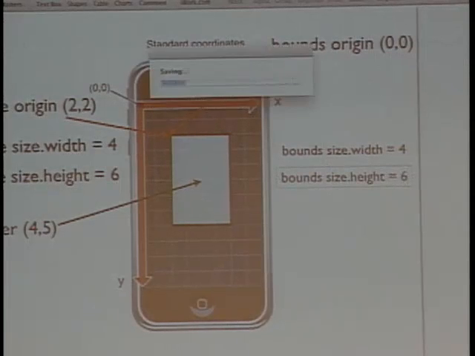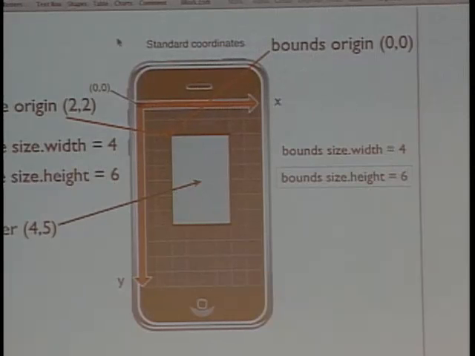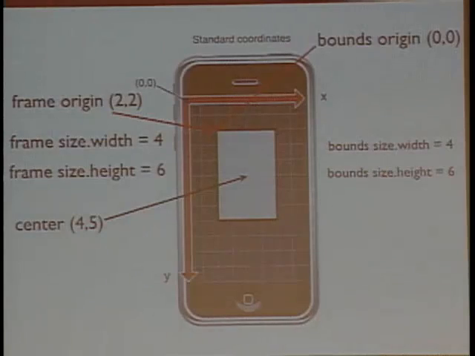And the answer, I believe, is yes. Given the bounds, can I draw outside of them? Yes, you can. And I think there's a setting where you can turn clipping on and off. So you could say, if anything happens to be outside of my bounds, then don't actually display it.